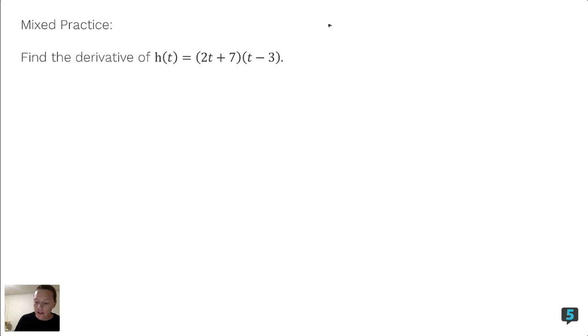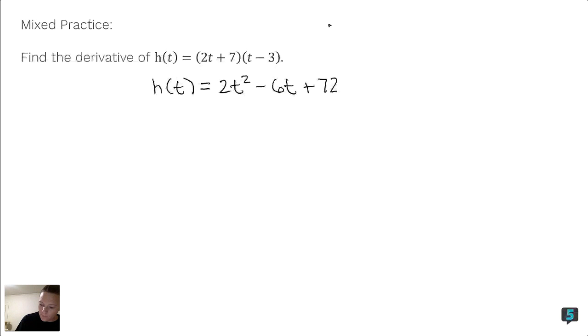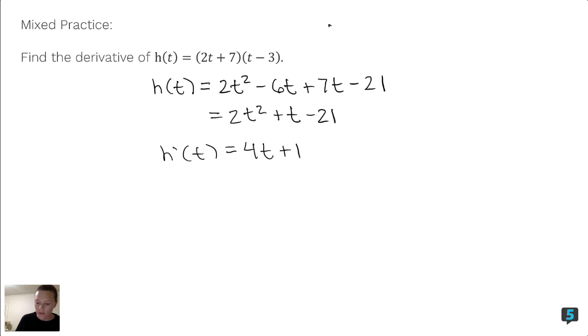So h of t here is going to be equivalent to 2t squared minus 6t plus 7t minus 21, which would simplify to 2t squared plus t minus 21, and now it's just a quick, easy one step. I get h prime of t equals 4t plus 1. Boom.